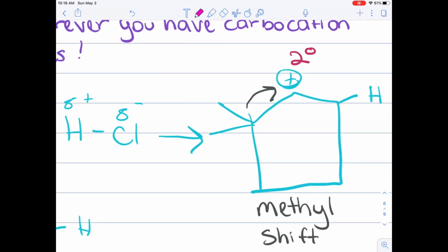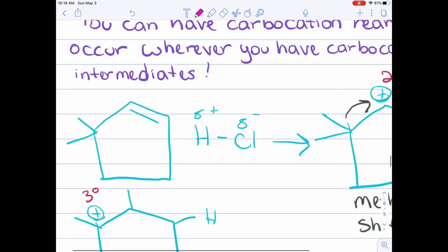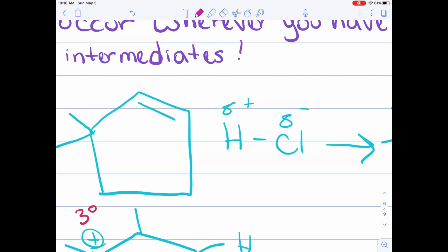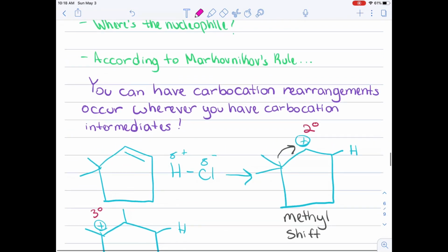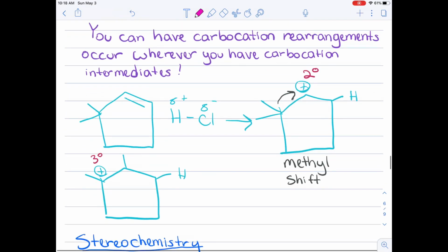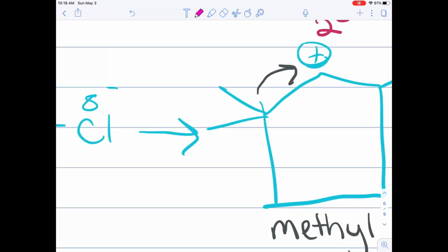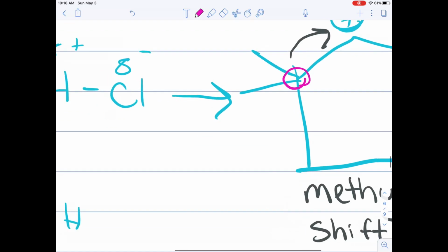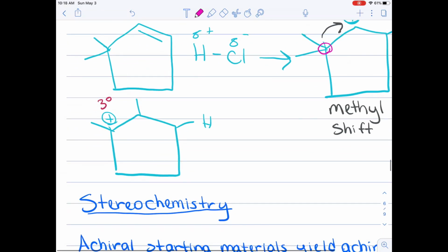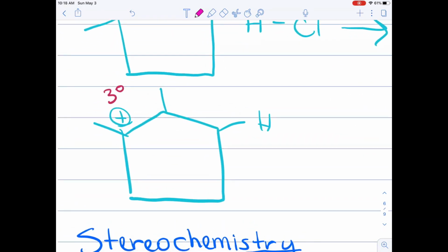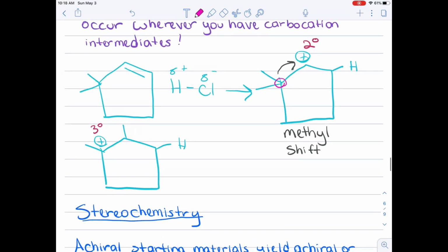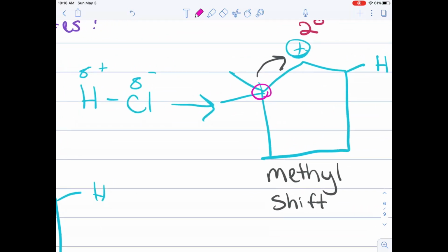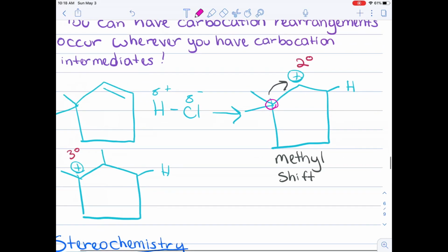You would think that your secondary carbocation would form because the carbon atoms in the pi bond will only let you do that. So you have to look at the group that's next to it. This dimethyl group. If you were to move this methyl group over, you can actually form a tertiary carbocation. When that happens, it's called making a methyl shift.